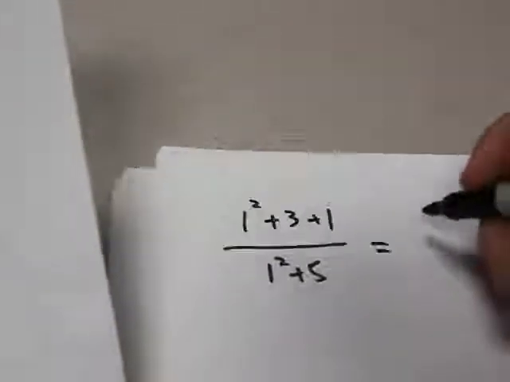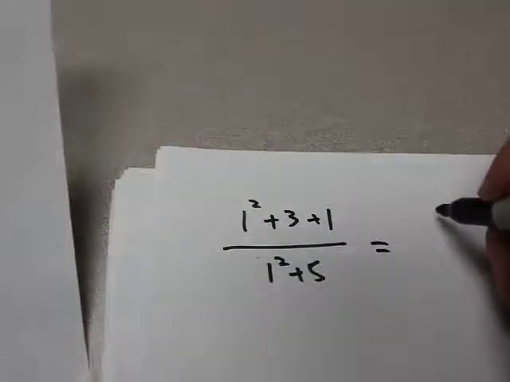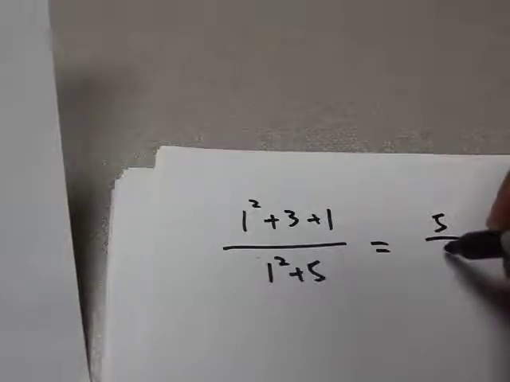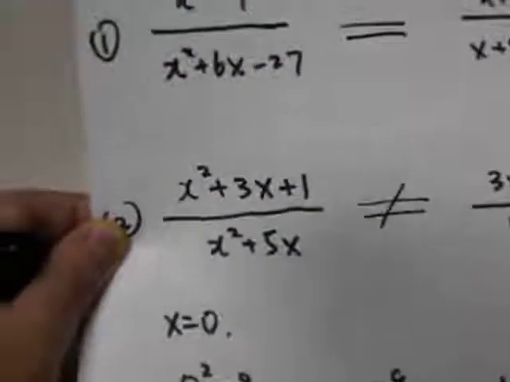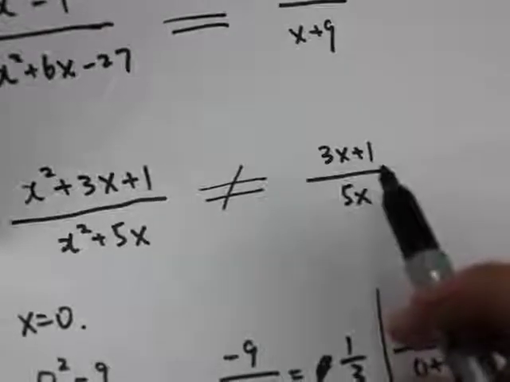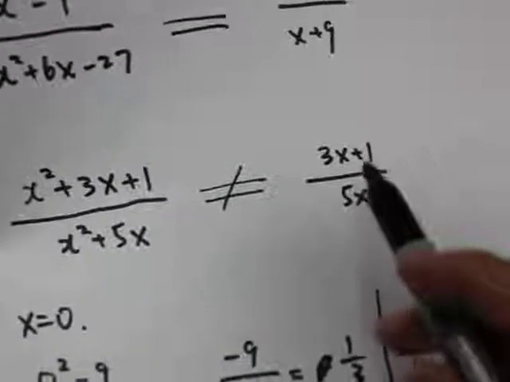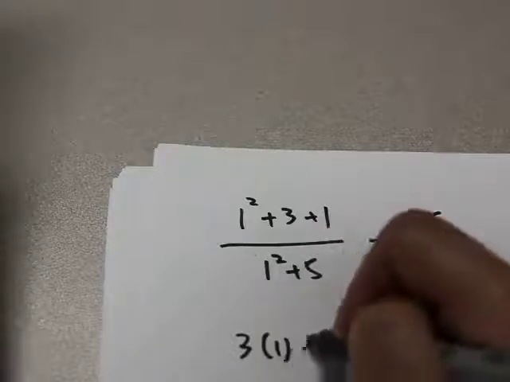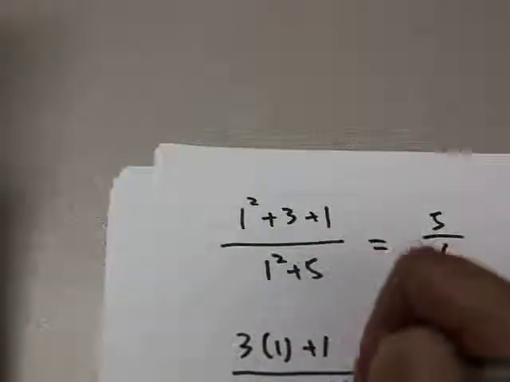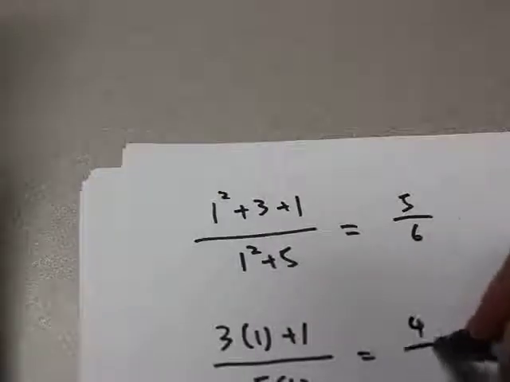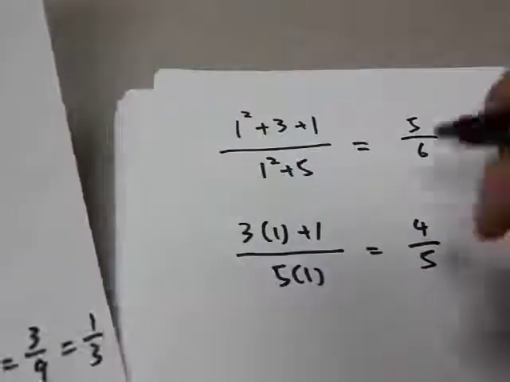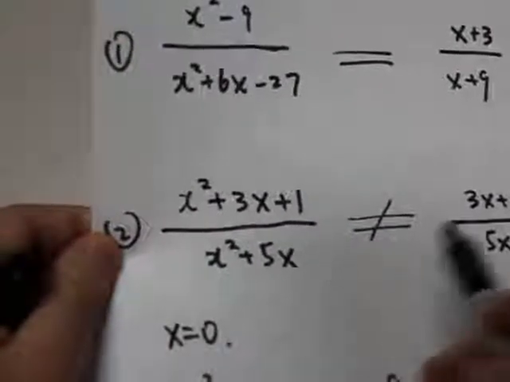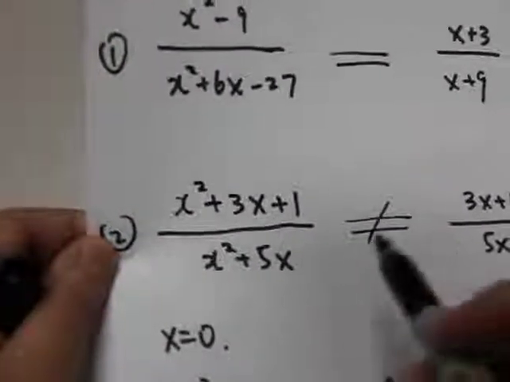So this equals 5 over 6, right? And if I plug in 1 into this expression, I have 3 times 1 plus 1 over 5 times 1. So this gives me 4 over 5, right? So that's why these two rational expressions are not equivalent.